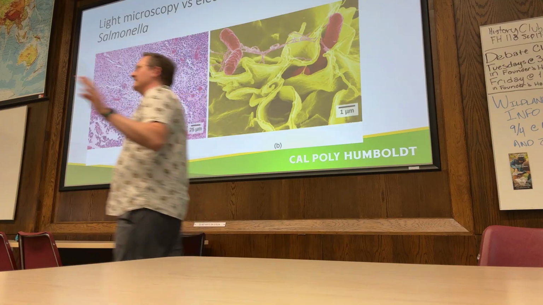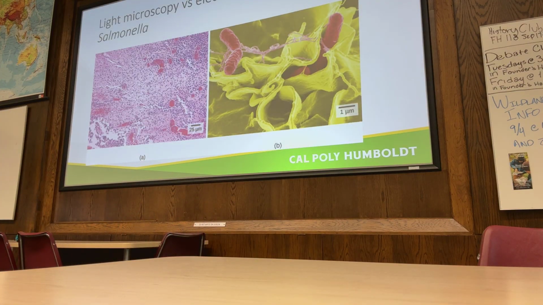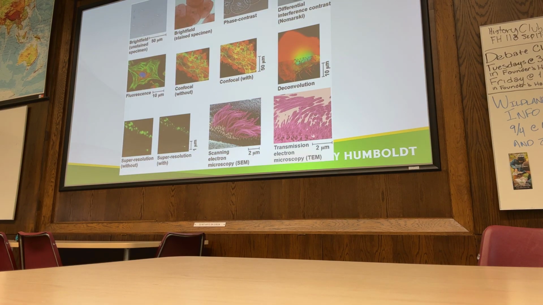It's all very interesting. Look at this. You get so much more zoomed in. Like all these little purple dots are salmonella in a light microscope. These are salmonella cells in electron microscopy. Boom, boom, there you go. Okay? There are all these different ways of zooming in more or making an image look more clear. Light microscopy gets more and more advanced.